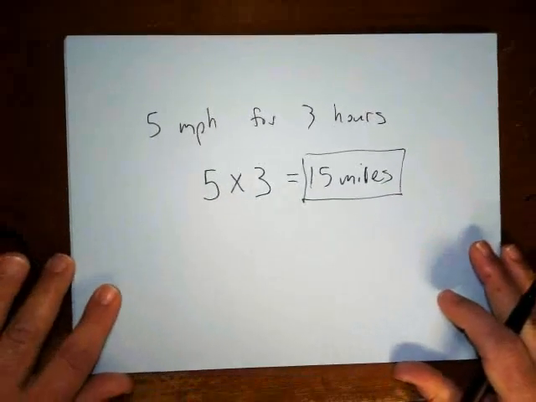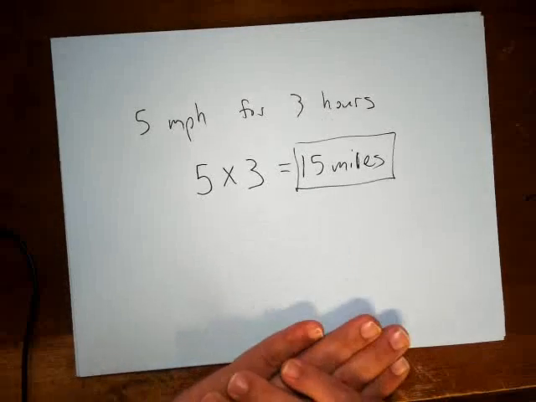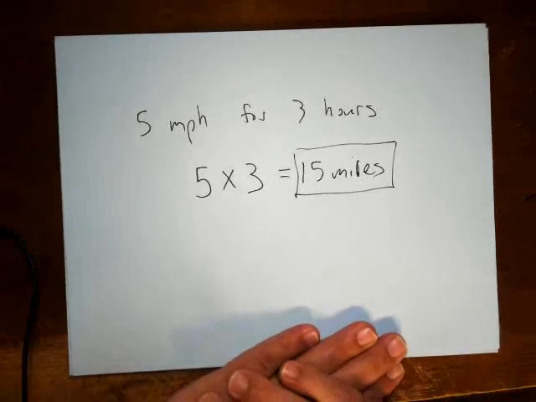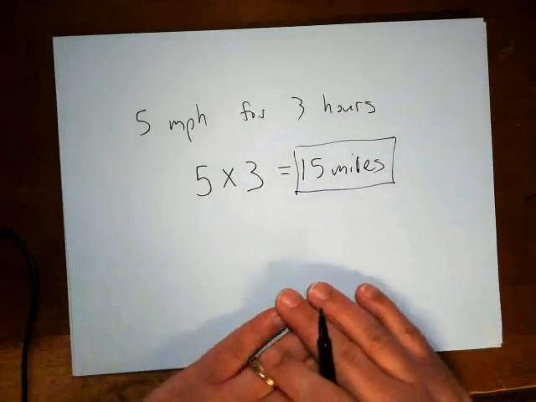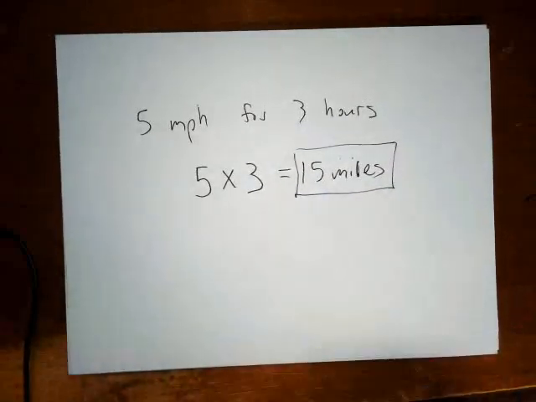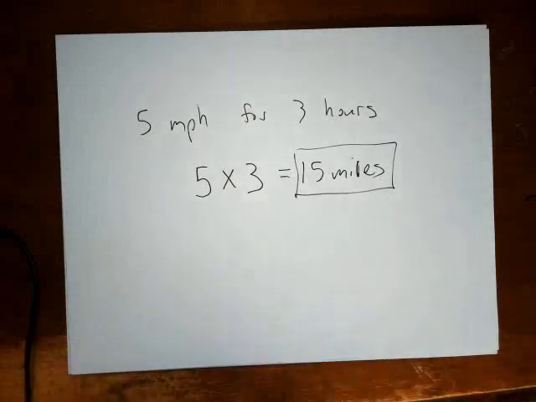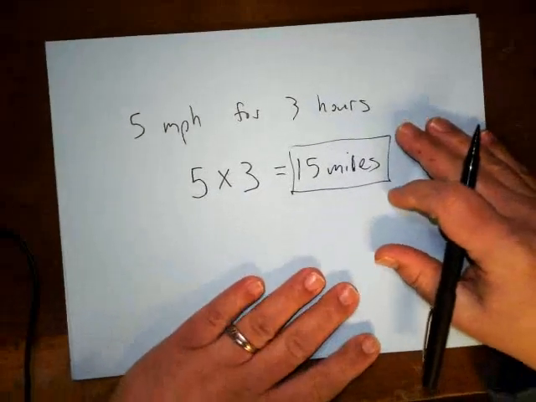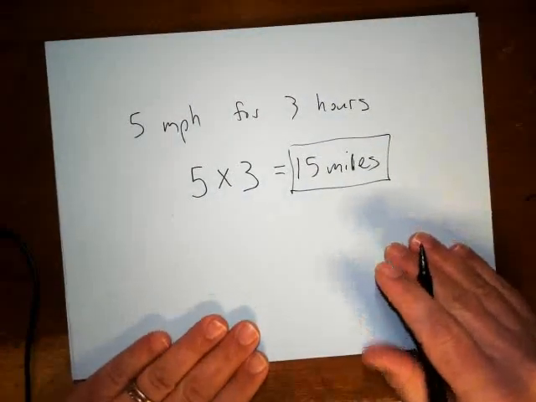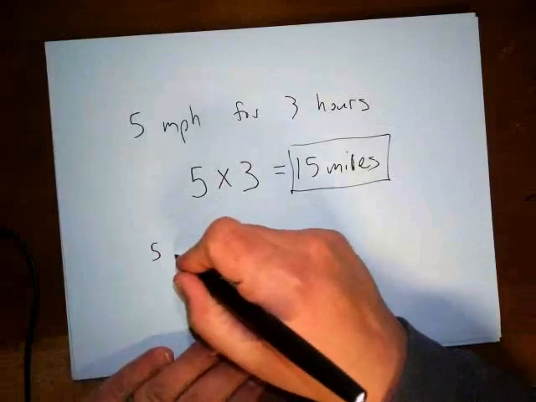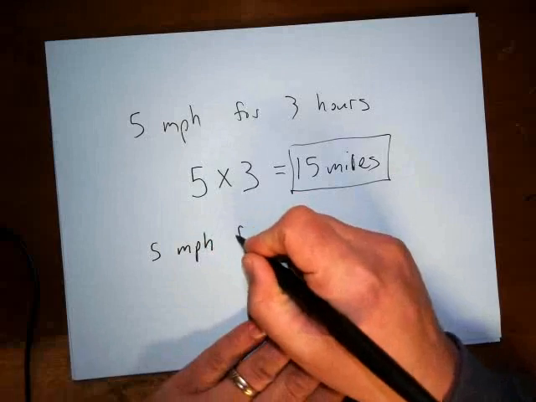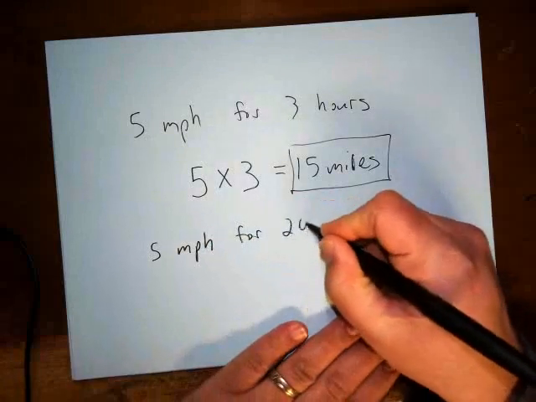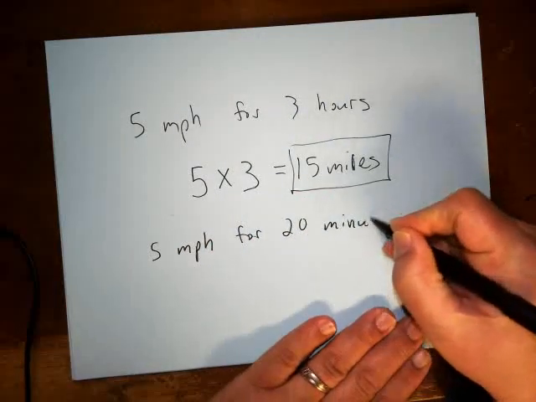Okay? Now, let's say I wake up one morning, and I wake up late. I'm in a hurry. I've got to get to work, and so I don't have 3 hours. I run for 20 minutes and get home. And so what I've done here is I've gone 5 miles per hour for 20 minutes.